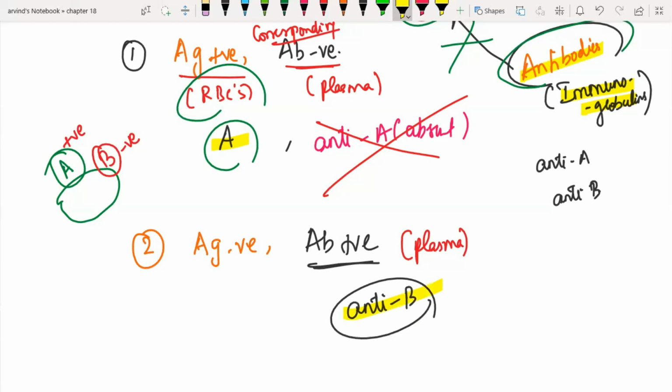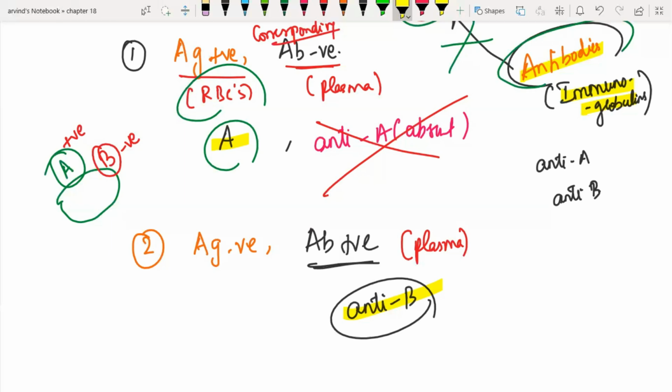According to blood transfusion reactions, if suppose a patient comes to you with an A blood group, he has met some serious accident, he has lost some liters of blood and you need to replace the blood, you need to search for a donor with only that corresponding blood group. If he comes with A blood group, you should go for A blood group antigen, not a B blood group. Why is it so?